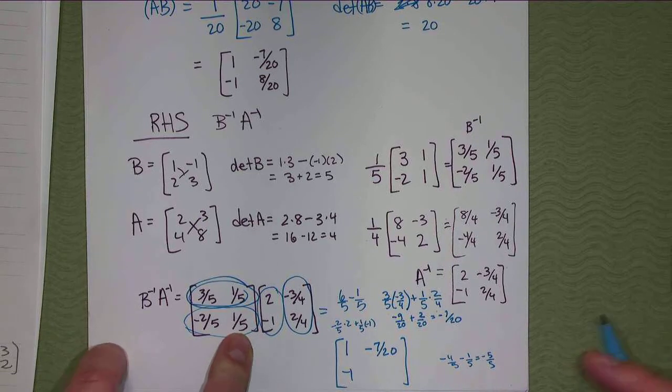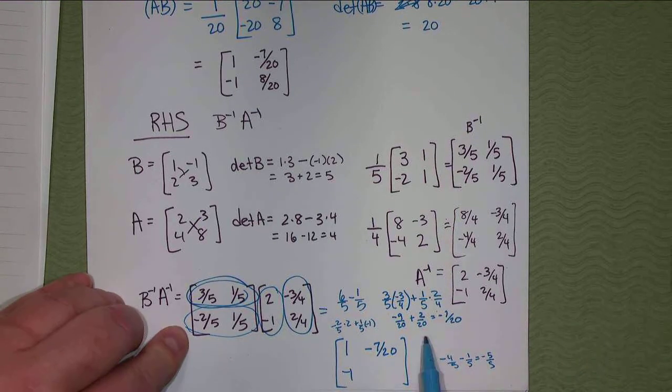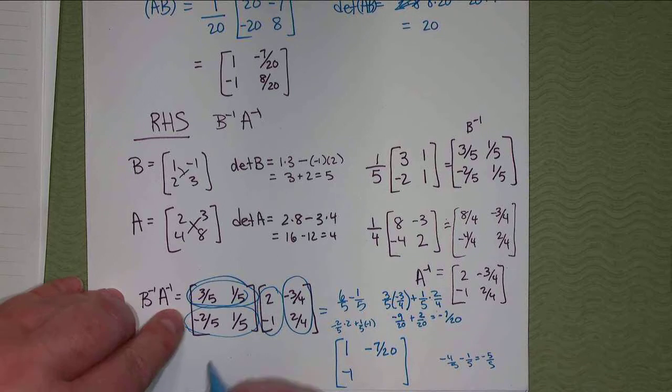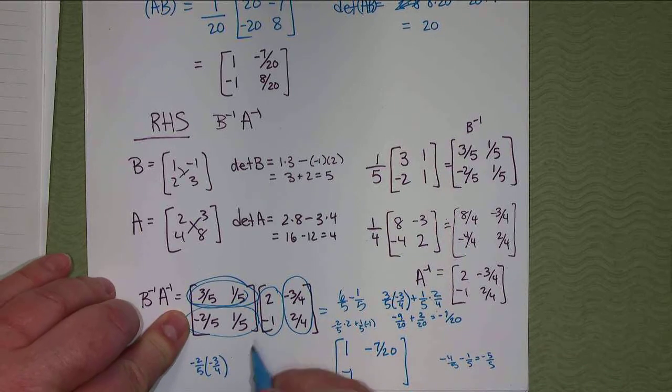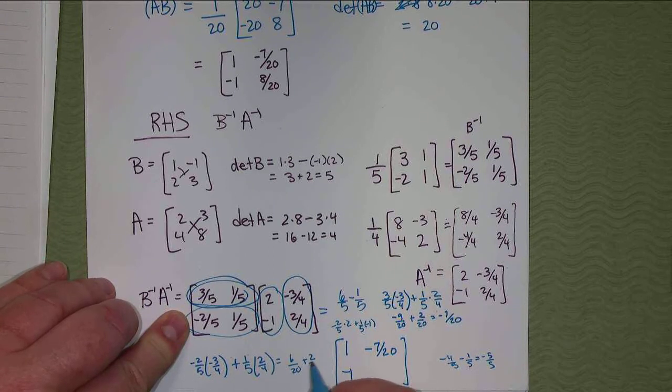And then the last one, oh, I don't have room here, but minus 2 over 5 times minus 3 over 4 plus 1 over 5 times 2 over 4. 6 over 20 plus 2 over 20 is 8 over 20. Okay.